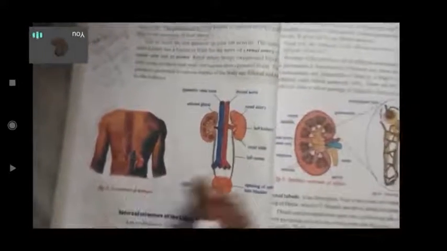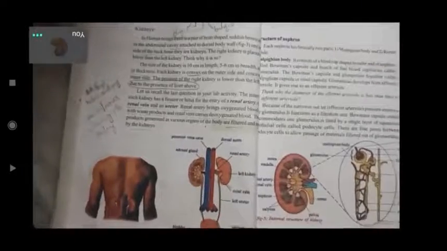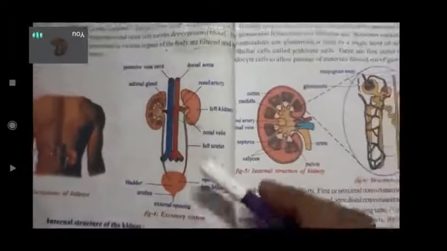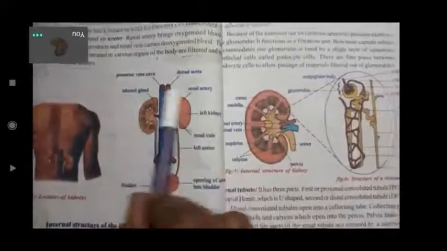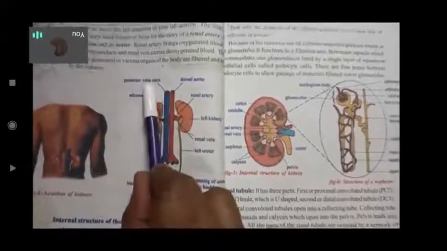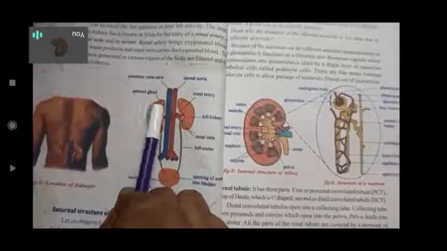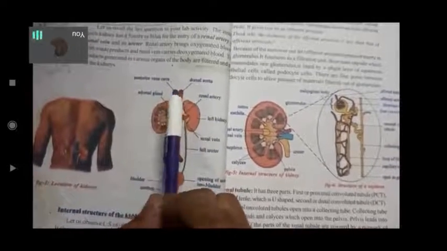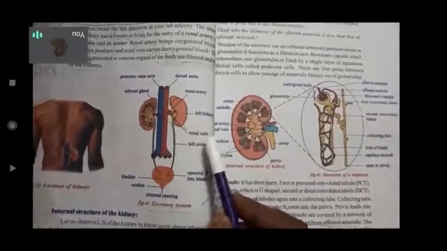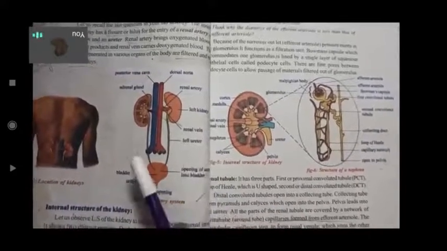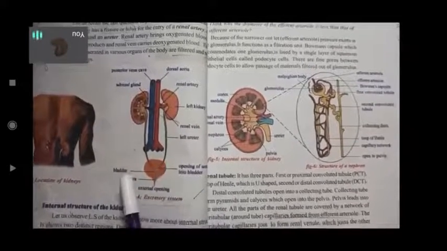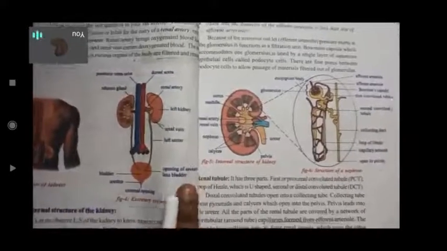So now I want to explain the excretory system. Just observe these, children. All these labels I want to explain to you one by one: posterior vena cava, adrenal gland, dorsal aorta, renal artery, left kidney, renal vein, left ureter and right ureter, bladder, urethra, opening of the ureter into the bladder.